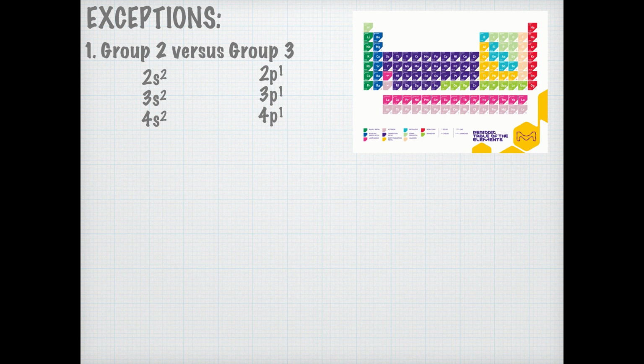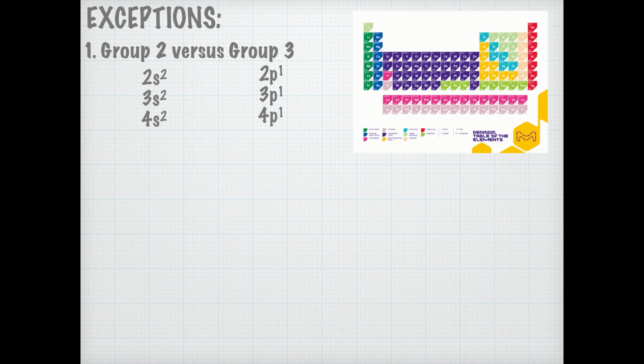For boron, for example, we would be removing a 2p electron. For aluminum, a 3p electron. For gallium, a 4p electron. So there's an exception here because boron actually has a lower ionization energy than beryllium. Aluminum has a lower ionization energy than magnesium, which we don't expect.